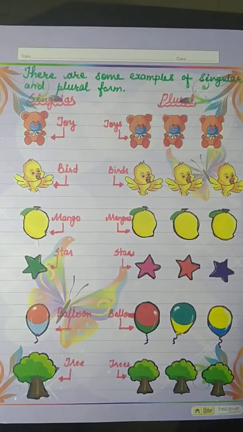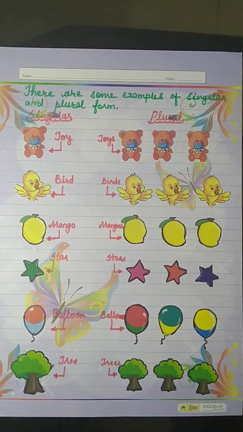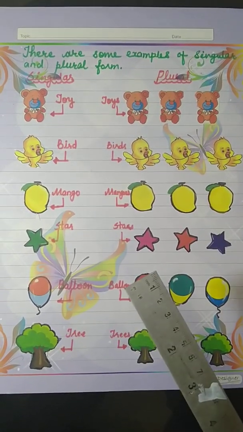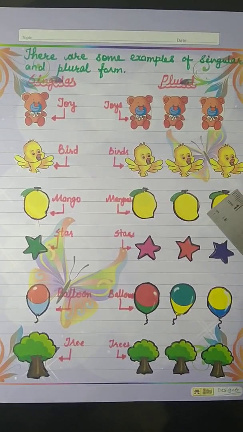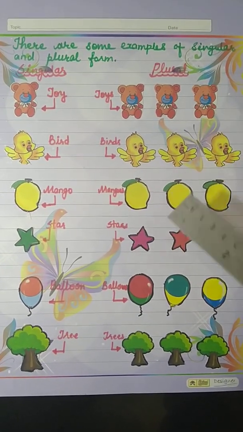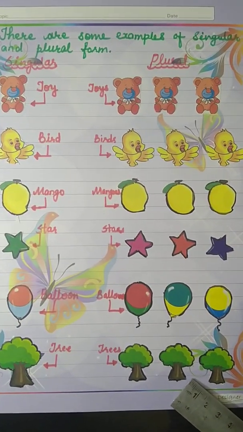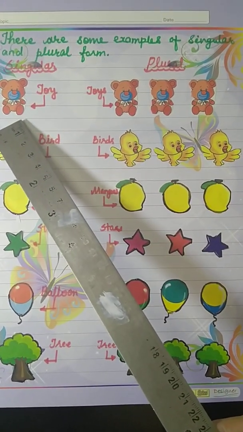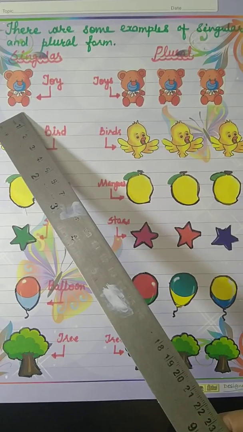Now, with the help of this picture, you can very well understand that what is singular form and what is plural form. Here we have two categories. This category is singular form and here is plural form. Okay. Now you can see here is one toy. Okay.